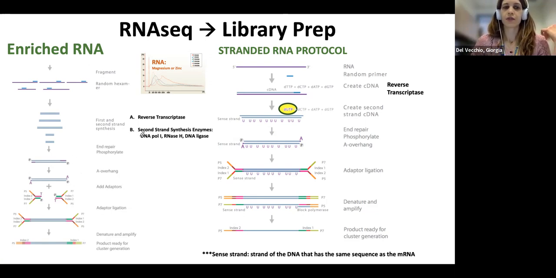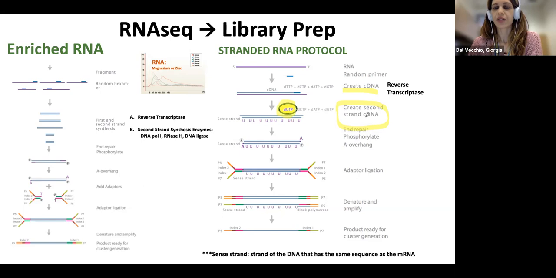So the difference from the pipeline we just analyzed is that while creating the second strand of the cDNA, instead of using TCAG as for the first strand synthesis, we are using uracil here. So we have UTP, CTP, ATP, GTP.